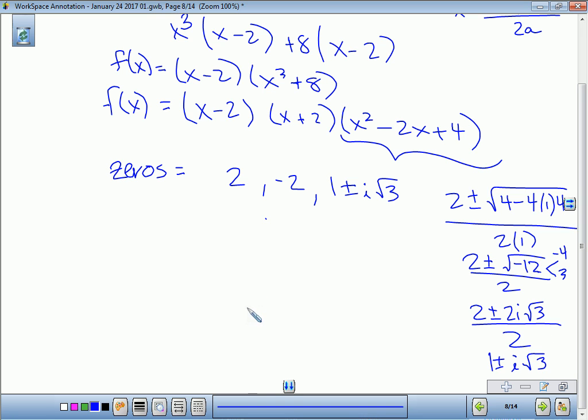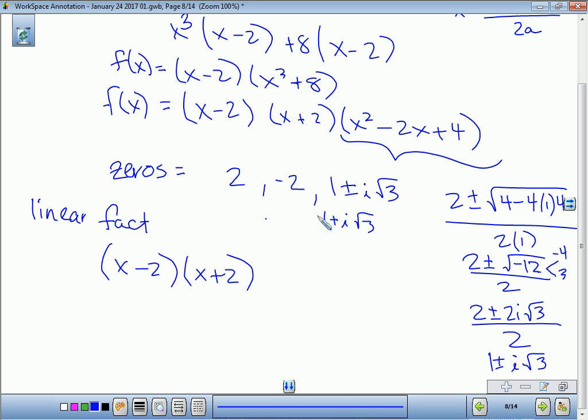Alright, last step. Complete linear factorization. So, it's x minus the 2. x minus negative 2 makes x plus 2. x minus 1 plus i root 3. When I subtract all this, it becomes negative, x minus makes everything negative.